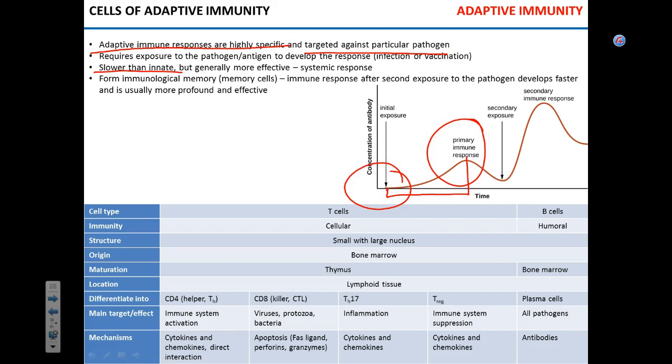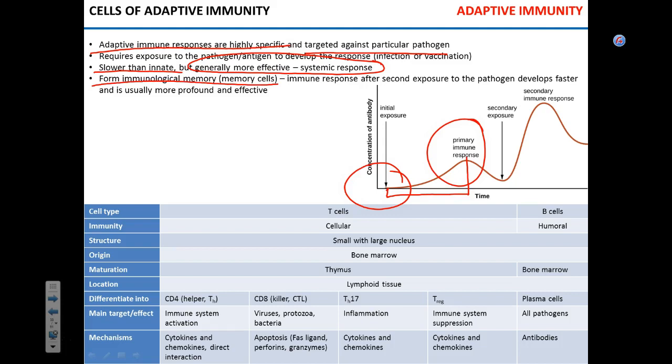However, the adaptive responses are more effective. They're systemic, meaning that effector cells of the adaptive response enter the circulation, and they can reach virtually every corner of your body. But probably the most notable feature that differentiates adaptive immunity from innate is the ability of adaptive immunity to form immunological memory.